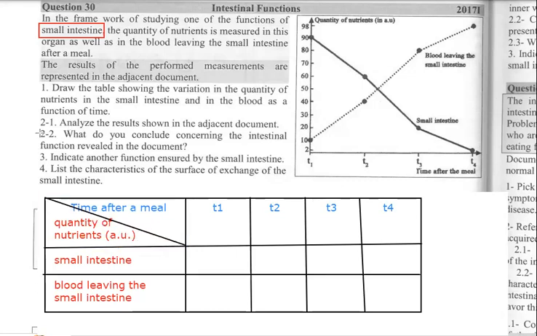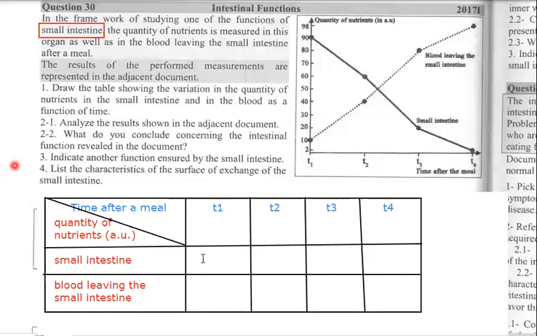So let's see. What was the quantity of nutrients in the small intestine at time 1? At time 1, right here, the quantity was 90. At time 2, it decreased to 60, then to 20, and at the end to 2, right?